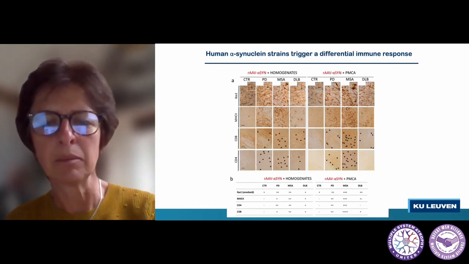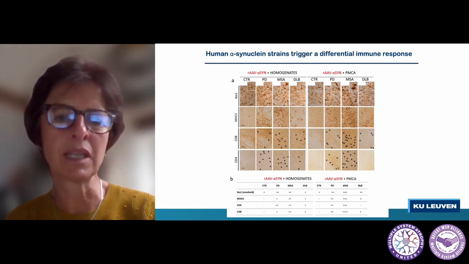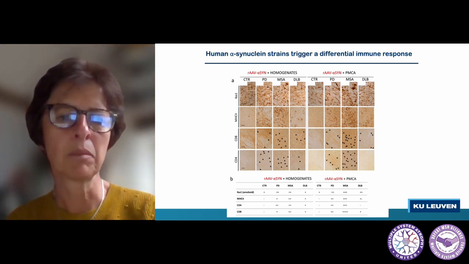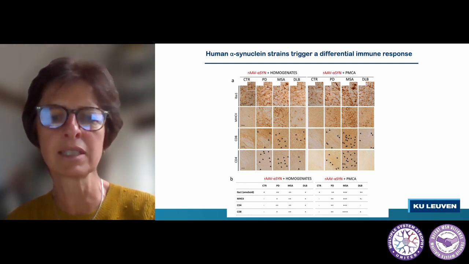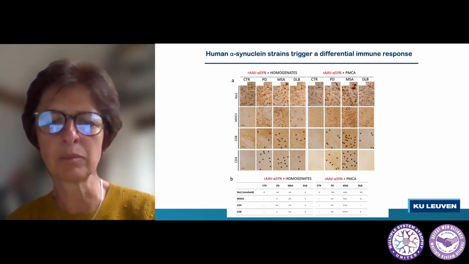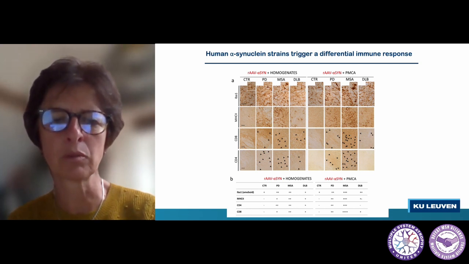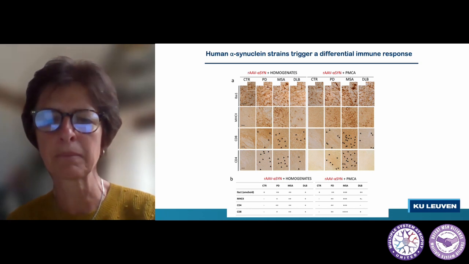We also looked at immune response. To do this, we stained for different markers. We have IBA1 as a microglial marker, then MHC2 for antigen presentation and infiltration of different types of T cells. Here you see the summary of the results, with the number of pluses indicating a stronger reaction. And also here you see that the MSA group shows the most pronounced immune response, in both the homogenates and PMCA fractions.